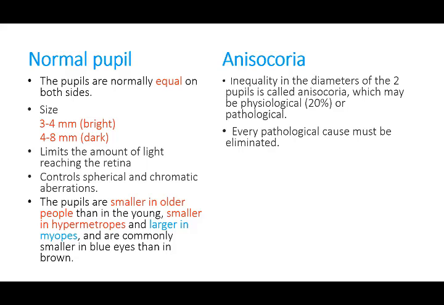Okay? Now the pupils are smaller in older people than in younger people. They are smaller in hypermetropes, those who wear plus lenses, and larger in myopes. And commonly smaller in blue eyes than in brown.